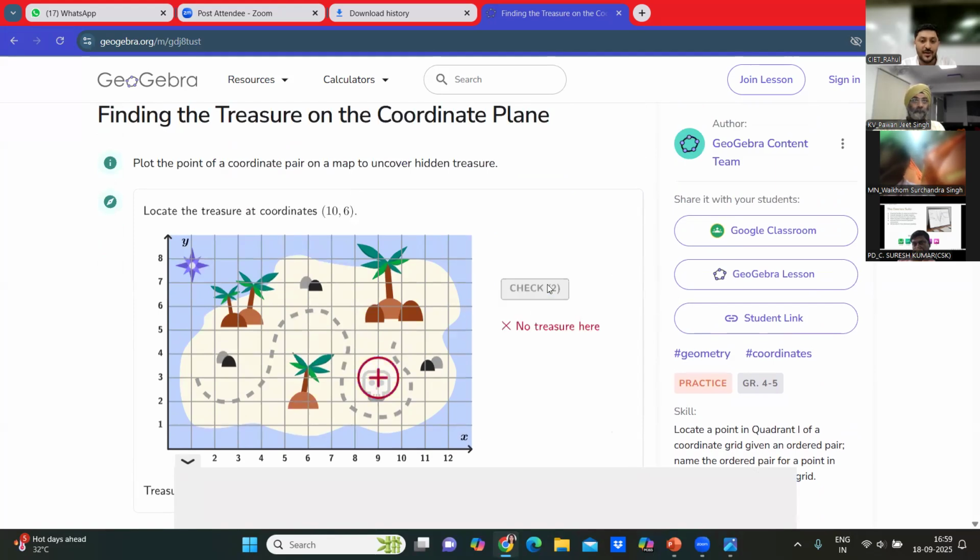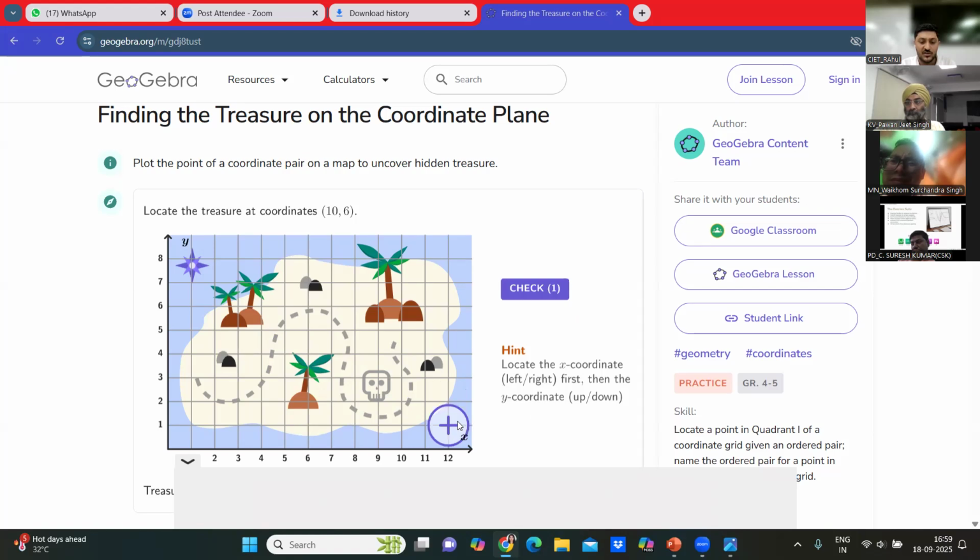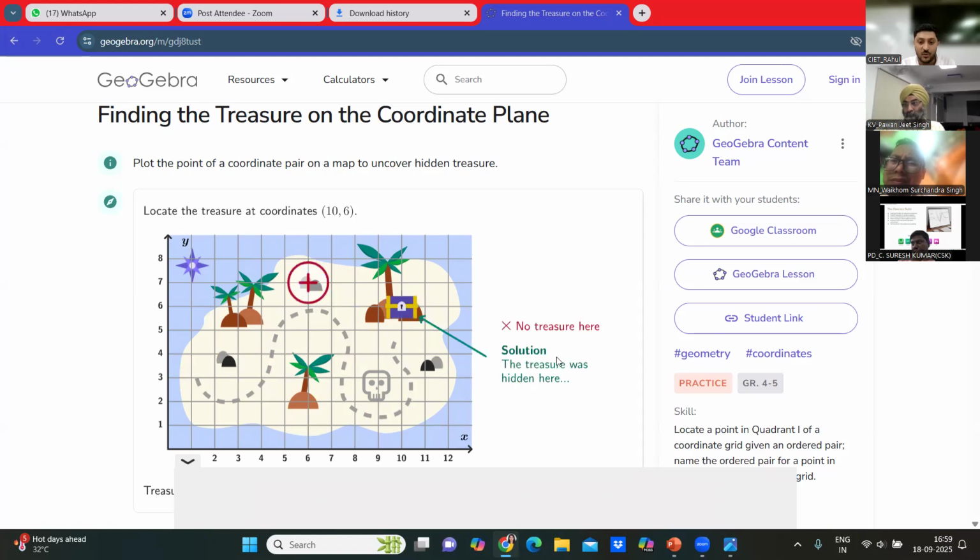Check. Now we can check. No, the treasure is not here. Then we will move this to here and check. Locate the x coordinate, left and right first, then the y coordinate, up and down. Check a third time.